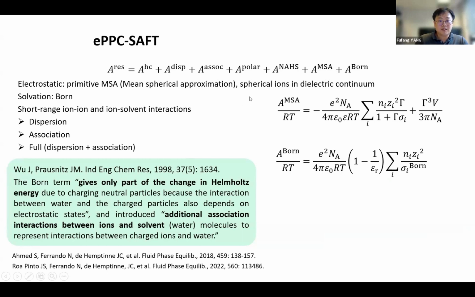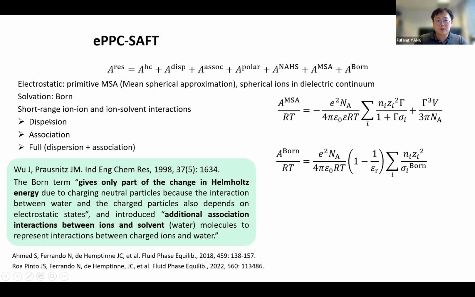In the primitive MSA, water is treated as a dielectric continuum, and the relative static permittivity is input in the model. But there has been some literature that proposed that for ion solvent interactions, the electrostatic part and Born part do not account for everything, and we also need short-range ion solvent interactions.